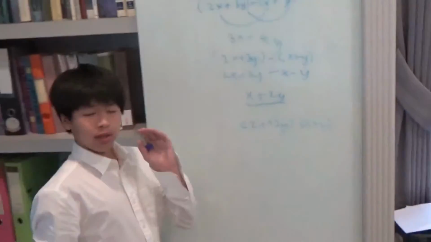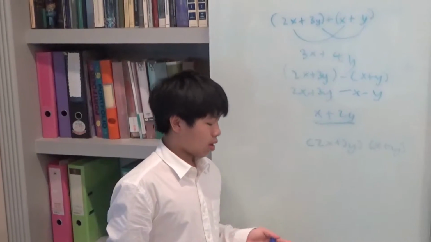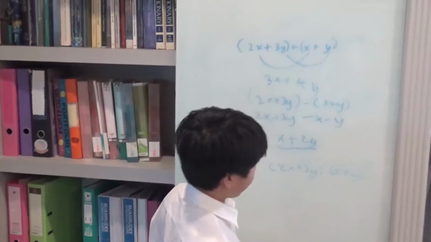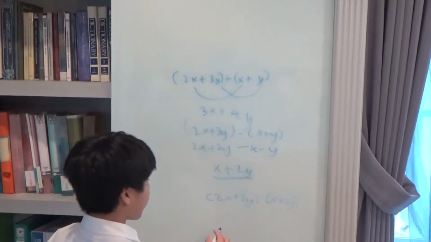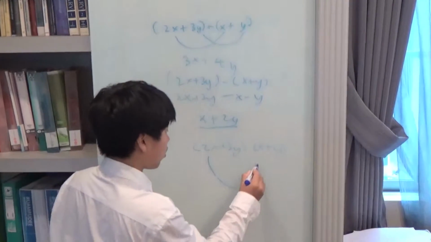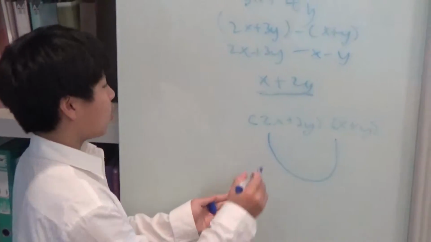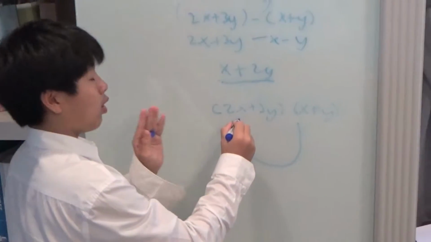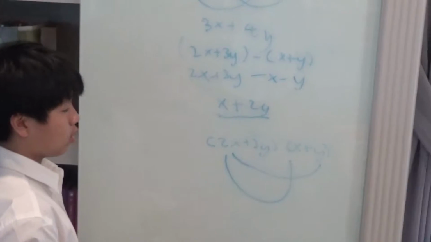Now for polynomials, there's a very complex way to solve multiplication in polynomials. First, we multiply the first number in the first parentheses with the first number in the second parentheses. This is called FOIL. Then, we multiply the first number in the first parentheses with the second number in the second parentheses.